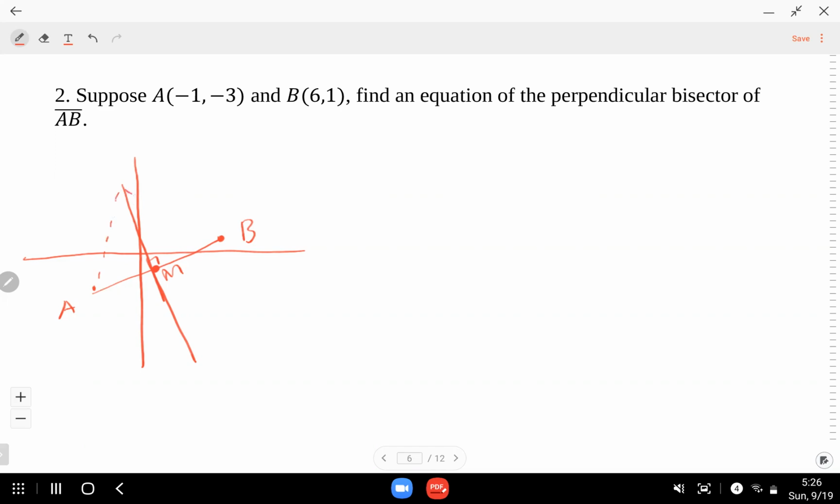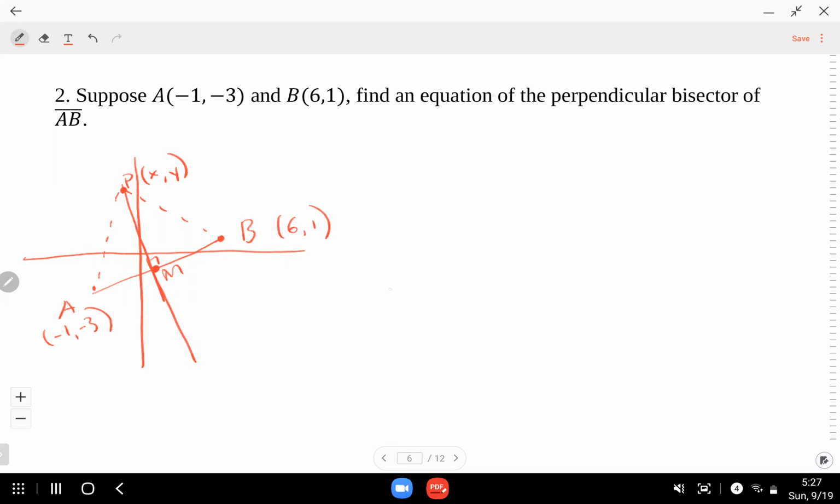then for the equation of this perpendicular bisector, we have a point P on this bisector, which is (x, y), right? So we need to show that AP and PB are the same. That's the equation of the perpendicular bisector.